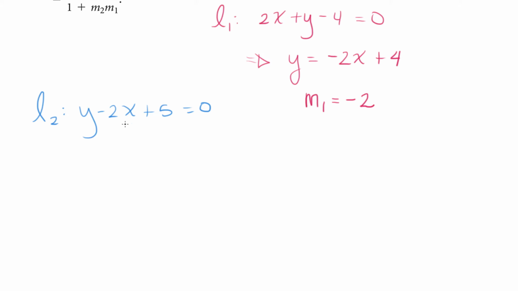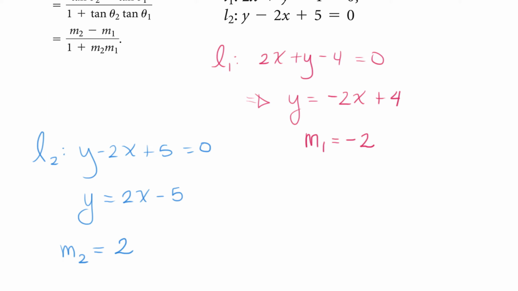So in this case, I'm going to add 2x and subtract 5. So y equals 2x minus 5. So for L2, the slope here is m2, which is the number multiplying x, which is 2. Now that you found m1 and m2, the rest is just plugging it into the formula.